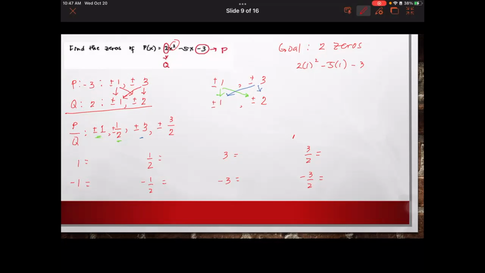Negative 11, sure? Paki-check. Double check mo. Negative 6 po pala. Negative 6. The answer is negative 6. How about negative 1? 4 po. It's positive 4. So, wala pa tayong 0.